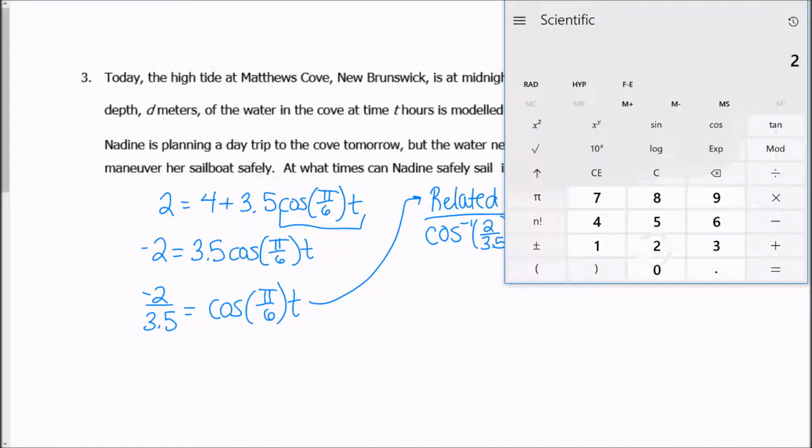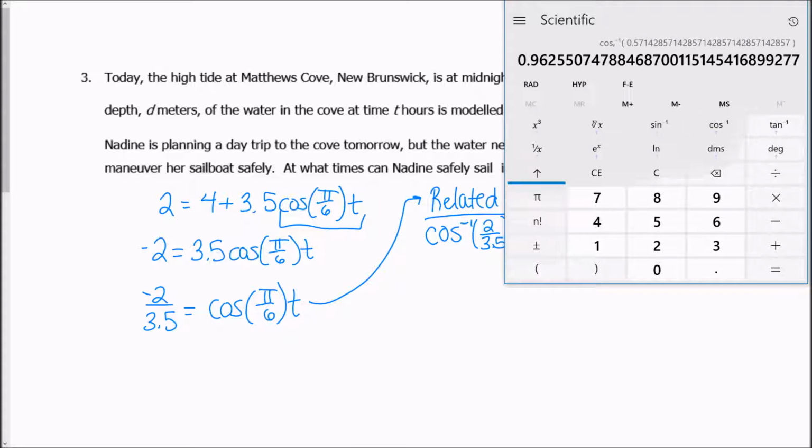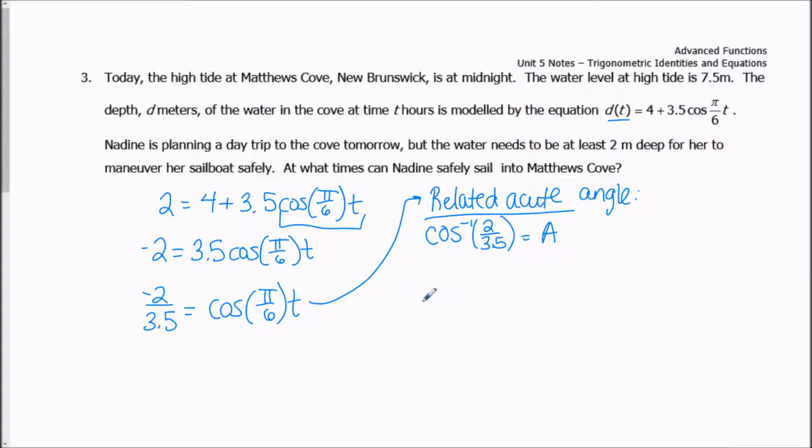I'm going to take 2, divide it by 3.5, and then take the inverse cosine of that value. And when I do that, I get about 0.96. So here I know that my related acute angle is about 0.96 radians. Looking at it in the unit circle right here, 0.96 radians is approximately somewhere around here. So this is the triangle that I get with my related acute angle of 0.96.